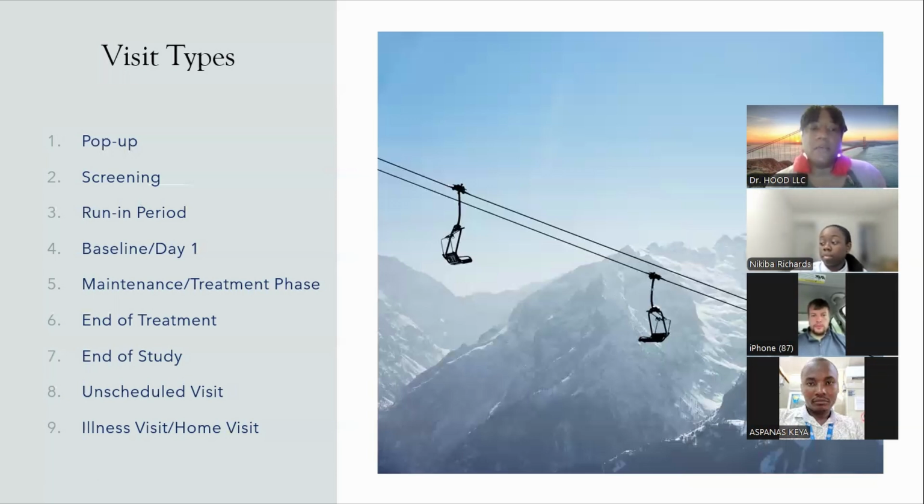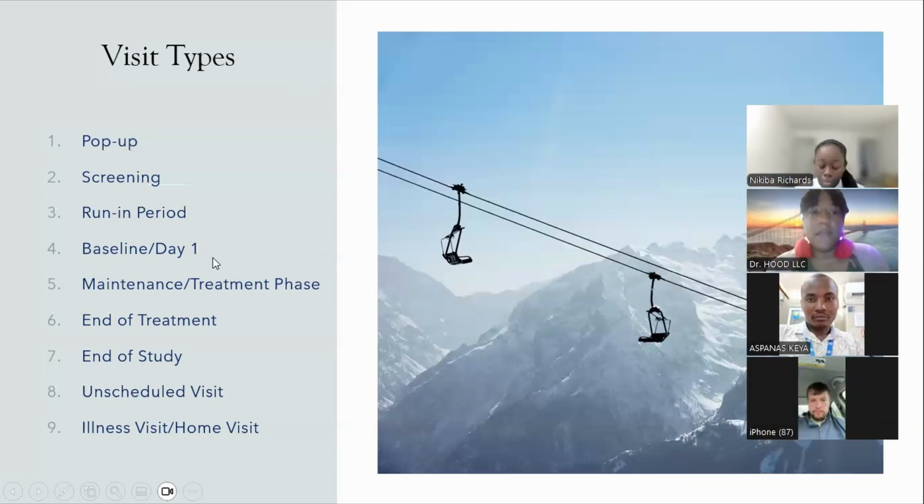Basically the reason is for compliance. They want to give the subject a brief window. It might be one week, two weeks, three weeks, whatever they define, just to make sure that you have picked a subject who is going to be compliant with how to take the drug and when to take the drug. Once they have completed that process and have achieved compliance, you have what's called the baseline visit, or day one.